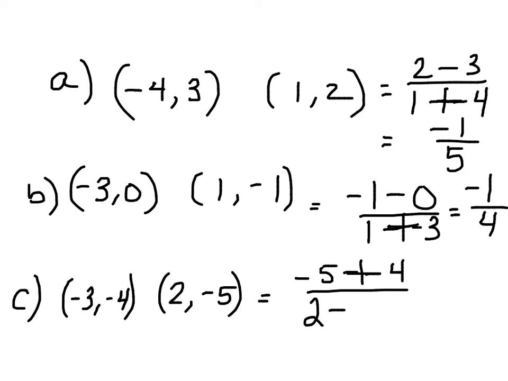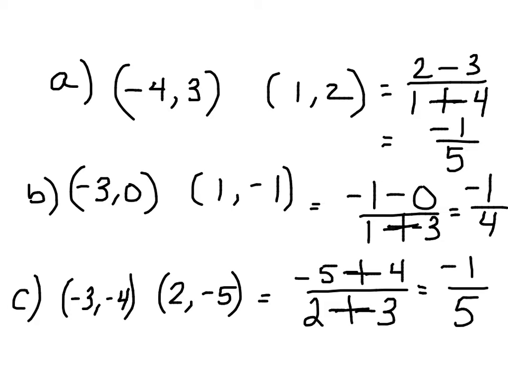Minus -3. Nice job. And what happens there? Good job. On the top, -5 plus 4 is -1. And on the bottom, 2 plus 3 is 5. Now, when you're looking at this problem, which of those lines are parallel? Which ones are the same? A and C.